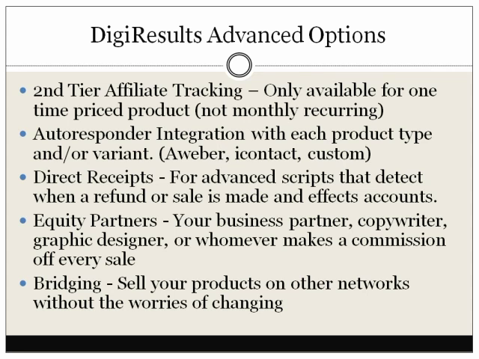So, for example, if your product is on different affiliate networks, you can actually put it on Digi Results and bridge it so that if somebody makes a sale on pay.com or JVZoo, it still bridges with Digi Results, and you don't have to worry about taking your product off the other affiliate networks to be compatible and bridge over to Digi Results. So that's a really cool feature that is part of Digi Results.